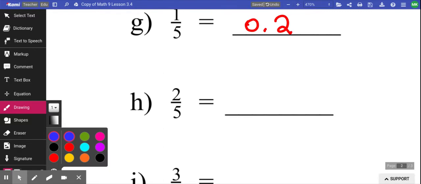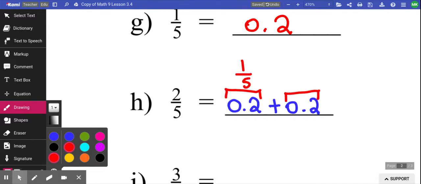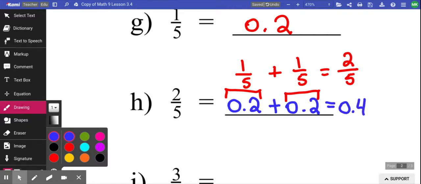2/5 is the same thing as saying 1/5 plus another fifth. That would equal 2/5. Doing it with decimals, 0.2 plus 0.2 equals 0.4.